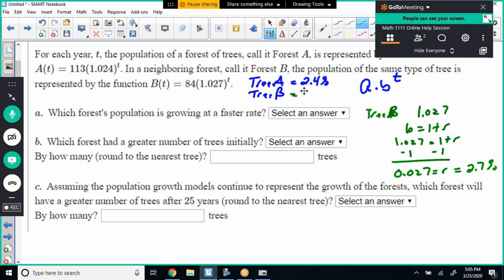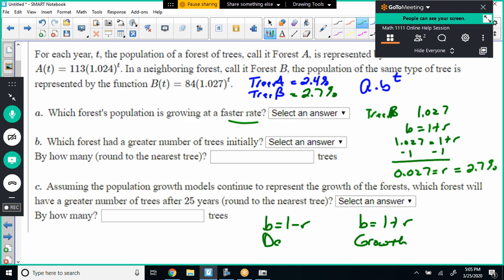So 2.7% is how fast the rate is for tree B. That's mathematically doing it. The base can be equal to 1 minus r for decay, or 1 plus r for growth.